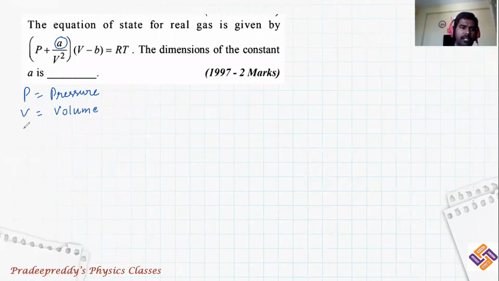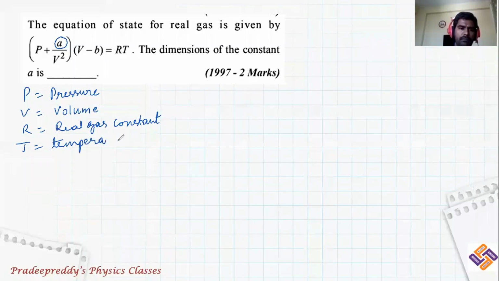A and B are constants. R is equal to real gas constant. T is equal to temperature. These are the terms: pressure, volume, gas constant, and T is temperature. These are given to you. You should find out dimensions of A.